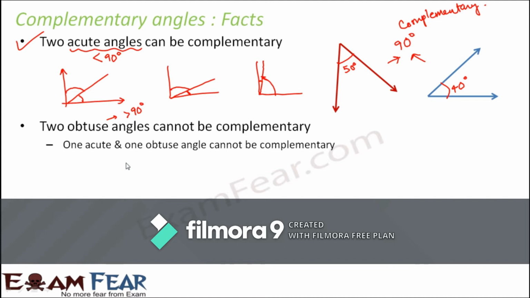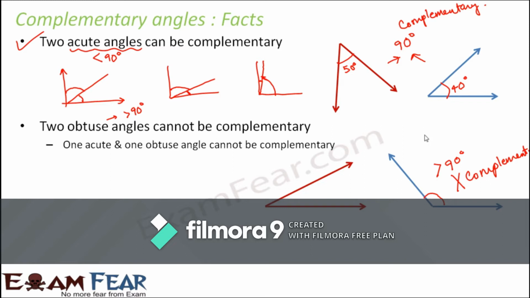So therefore it is not at all possible that if either of the angles is an obtuse angle, the sum can ever be 90 degrees, and therefore an obtuse angle can never be part of complementary angles. An obtuse angle would be something like this, which in itself is greater than 90 degrees. Therefore, they can never be complementary.